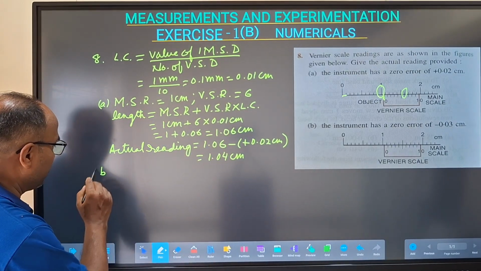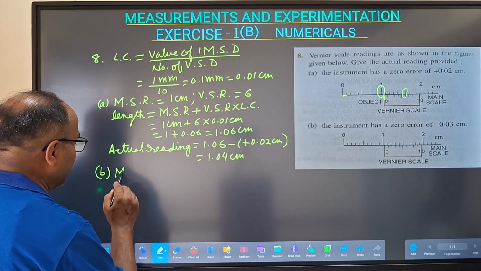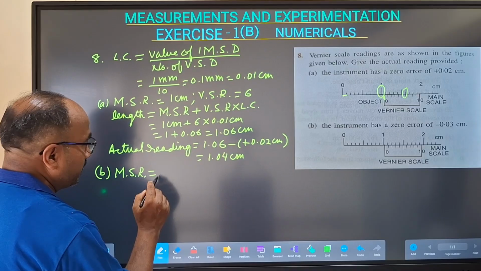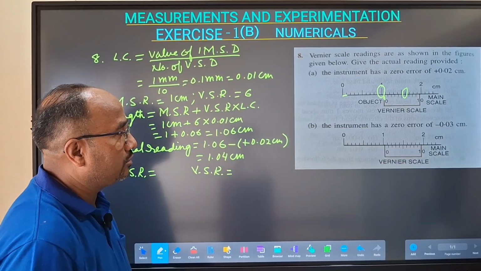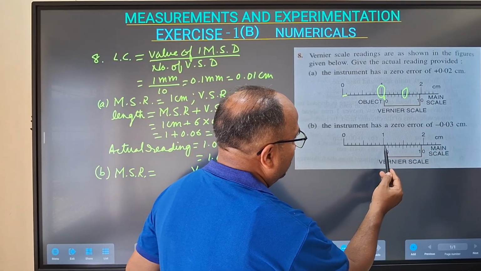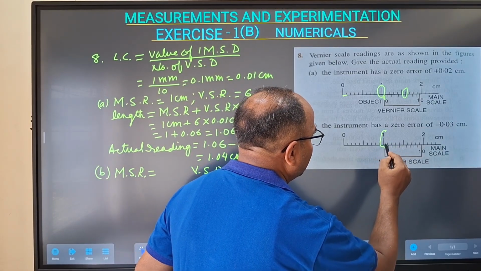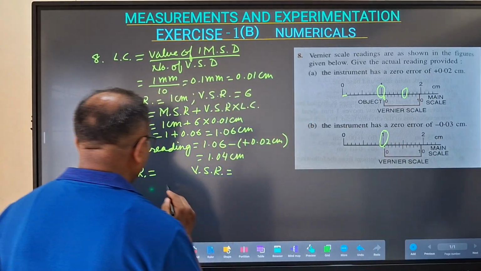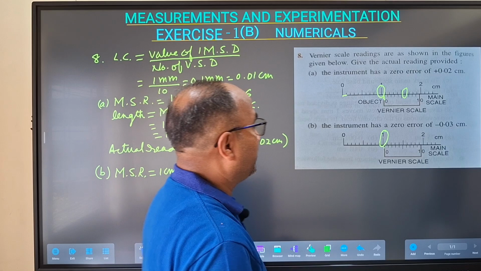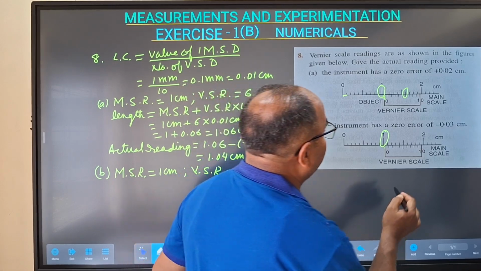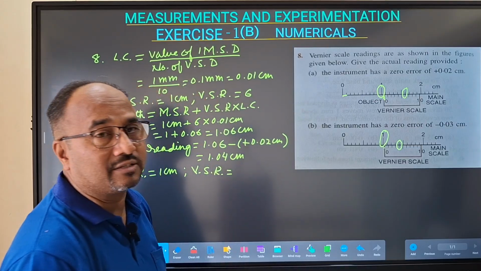We will take a look now into the B part. Again I need to know MSR, and I will also require VSR. Look at that 0 of the vernier scale. It has crossed this one, so that is 1 centimeter. Now which one is matching? Take a proper look and see. You will find this one is matching exactly.